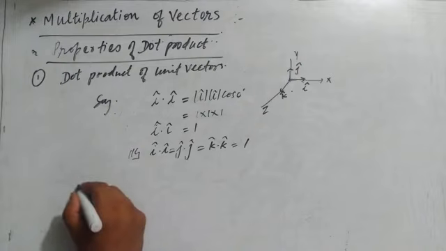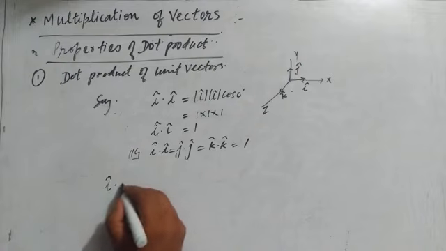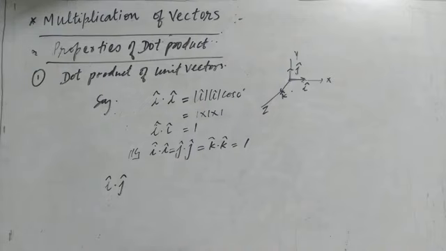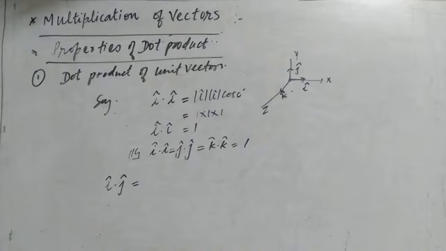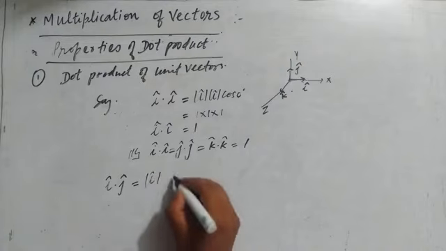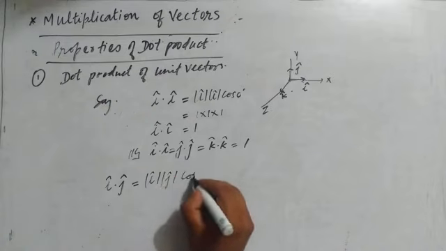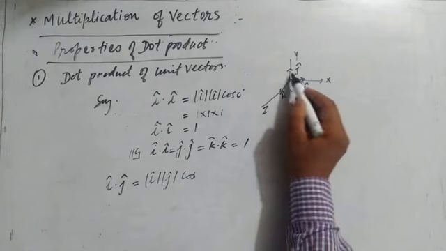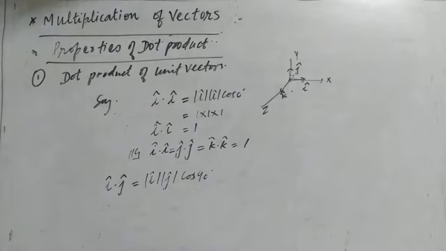Now if we take dot product of I and j, use same method: magnitude of I into magnitude of j into cos of the angle. Now the angle between I and j is 90 degree.